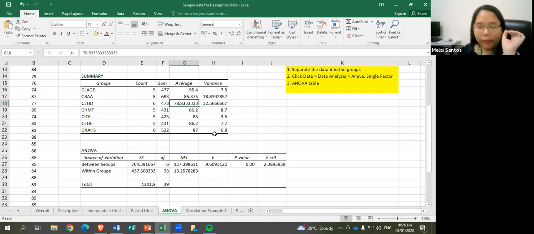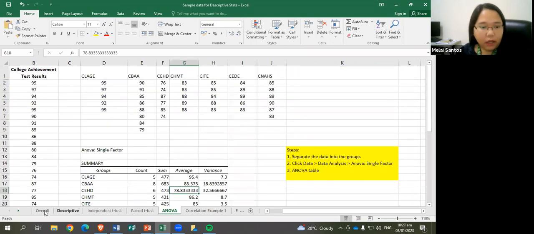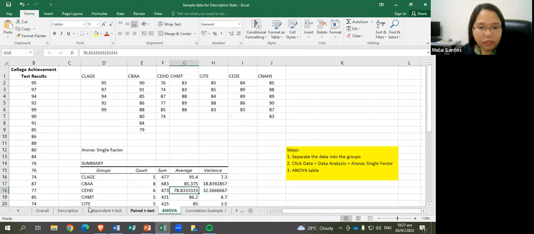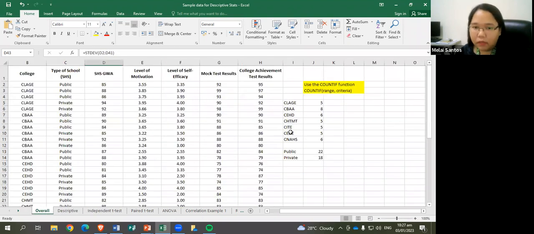Okay, now I have a challenge and it's not on your data sheets. Please do the ANOVA of the college achievement mock test results.